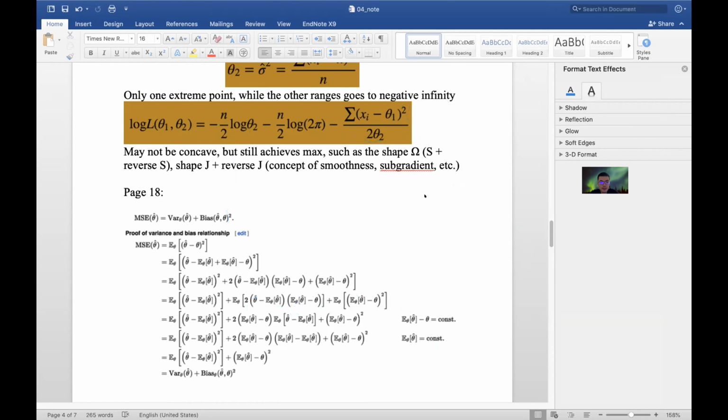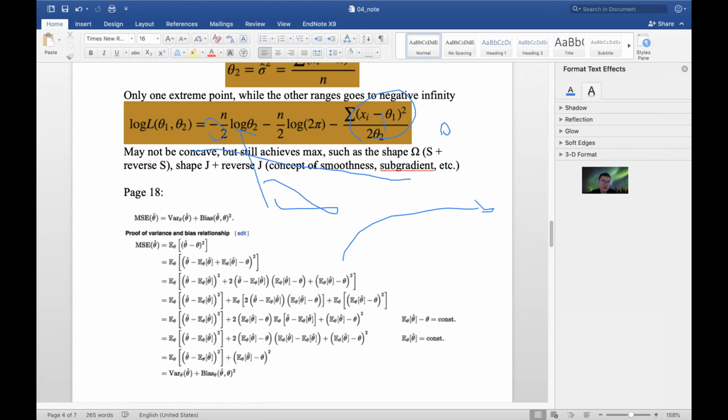On the other hand, if you look at the positive infinity side, this thing goes to 0, and this thing goes to infinity. So if it goes to positive infinity, log theta 2 goes to infinity, and this divided by infinity goes to 0. So the total value is negative infinity because there's a negation sign.